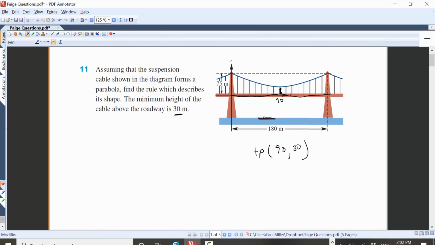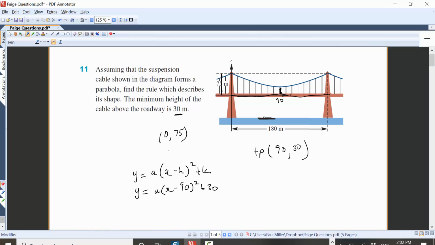And I also know that the maximum height above the roadway is going to be 75, so it's got a coordinate (0, 75). So now we're ready to write our rule. y = a(x - h)² + k is the form I'm going to use, where the turning point is y = a(x - 90)² + 30.